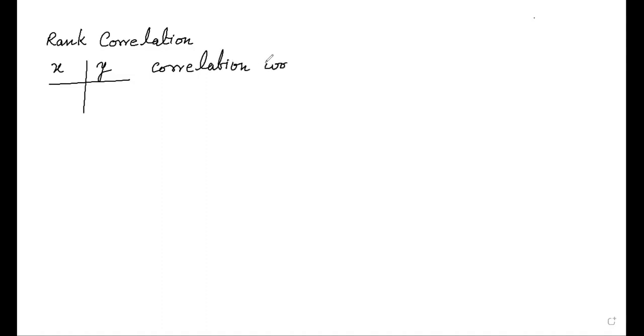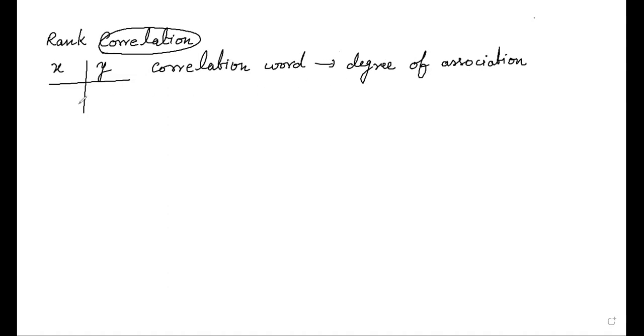So the word correlation suggests the degree of association between the variables. Degree of association, how much the two variables are associated with each other. That degree of association is known as correlation. This correlation is the degree of association between the variables X and Y whenever bivariate data is given to us.